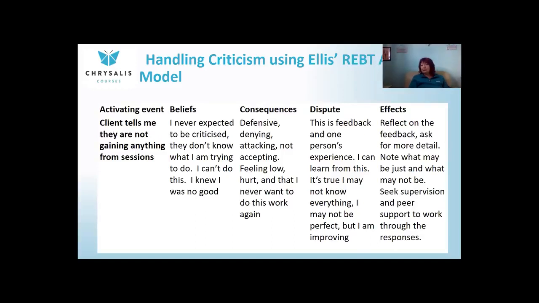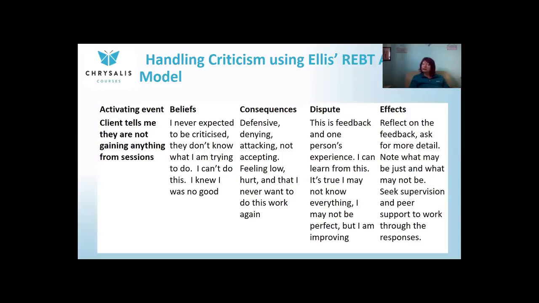So we need to dispute it. And to do that, as I say, we need to do it calmly and rationally. It's feedback from one person, just one person. And we need to think if there's any part of it that's valid, or if it's not valid. And we can weigh that up and decide that.